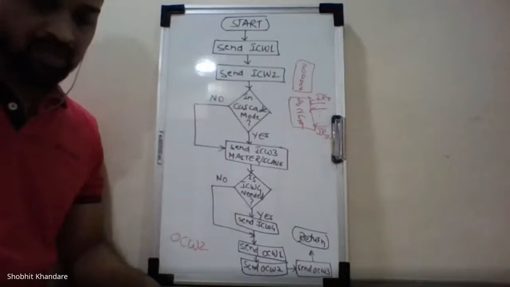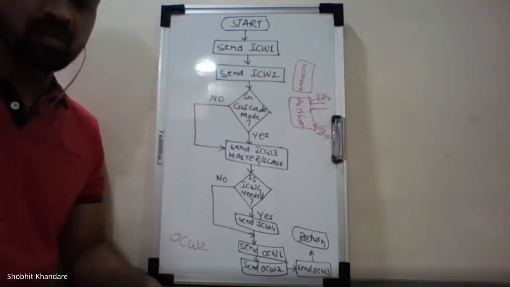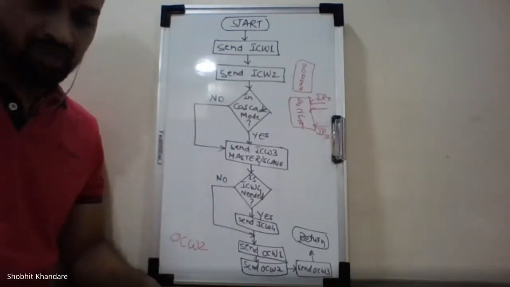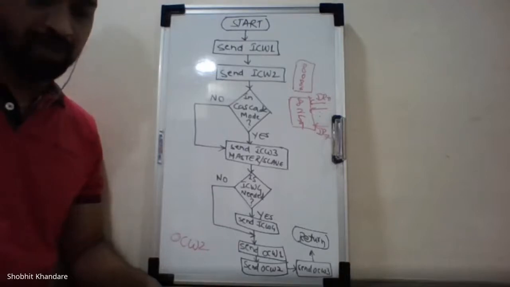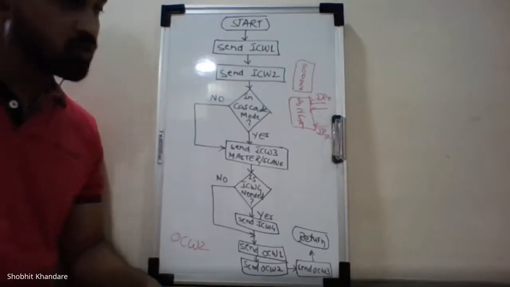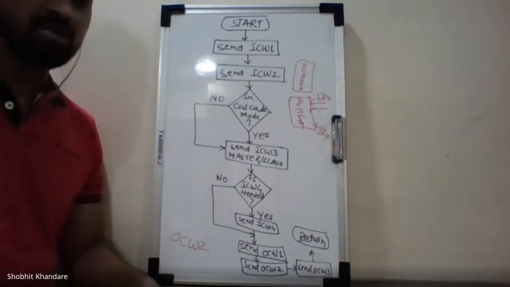Then it will understand whether it is single or in cascade. Then it will understand whether the interrupt coming is level triggered or edge triggered. So all this information is sent by the processor through the command word to 8259. Whenever you are talking about ICW1, this information will be given to 8259.